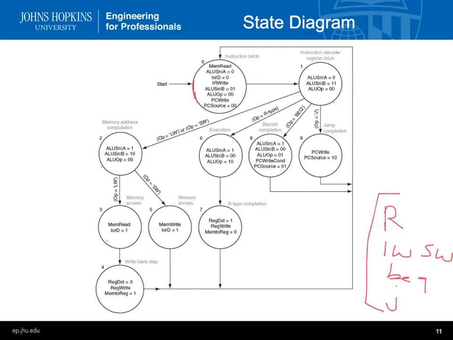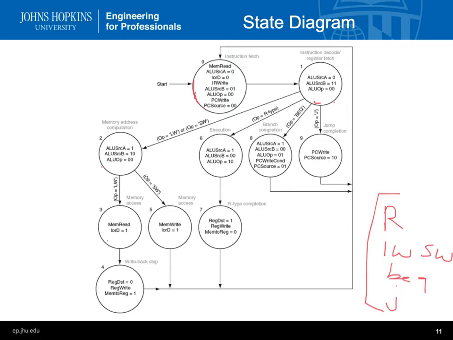Then we're going to decode the instruction and possibly determine what registers are being used. And then as we decode, we're going to determine from that opcode whether it's a load word or store word, an R type, a branch on equal, or a jump.